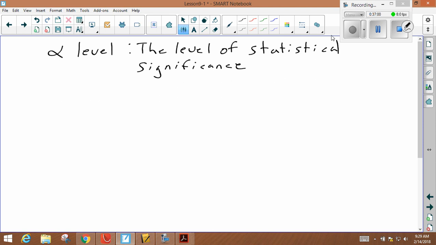So we can decide on an alpha level ahead of time, and then after performing some sort of inference test, what our inference test will spit out is a p-value. If our p-value is above our predetermined alpha level, then we will fail to reject the null hypothesis. If our p-value is below the alpha level that we predetermined, then we will go ahead and reject the null hypothesis, which means that we accept our alternative hypothesis.